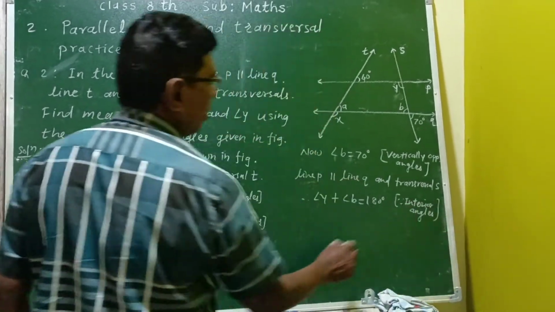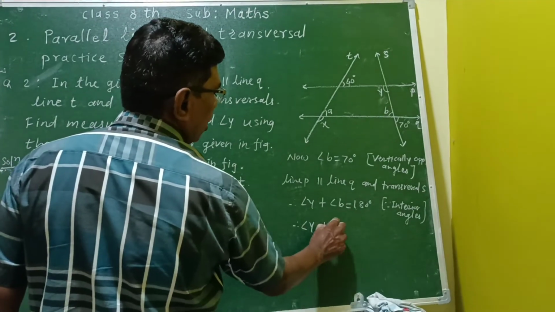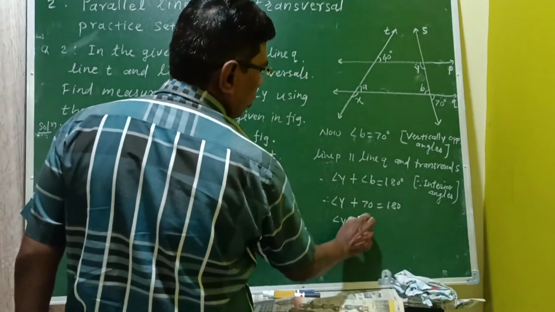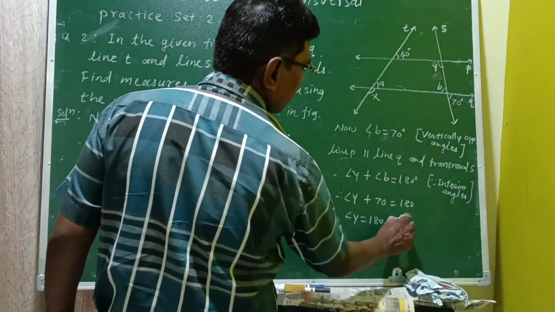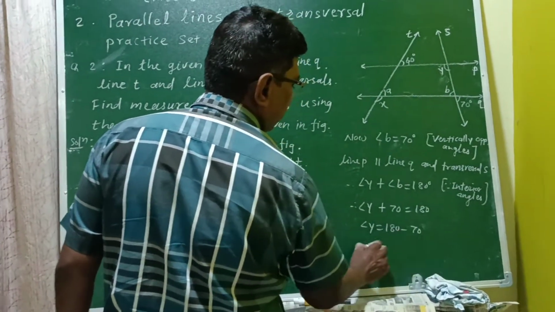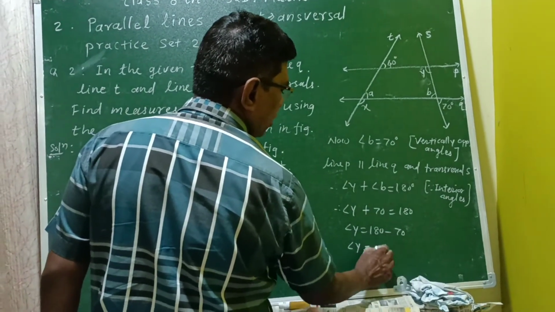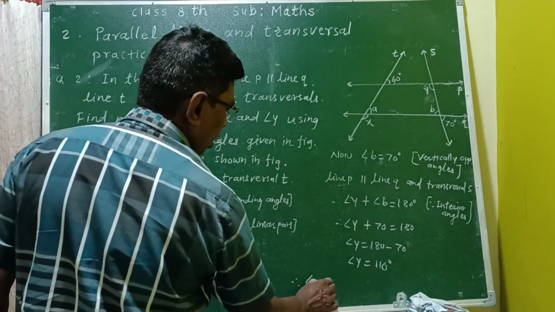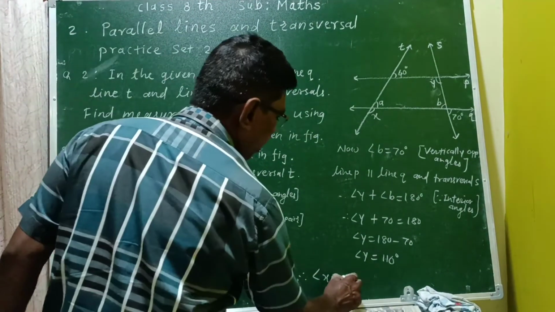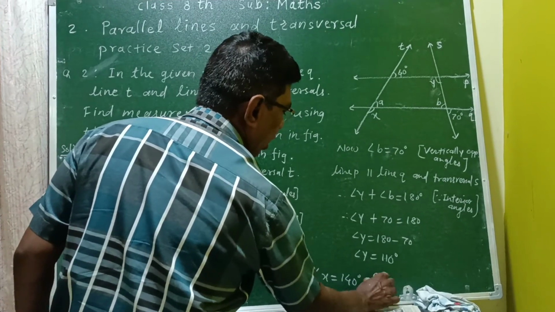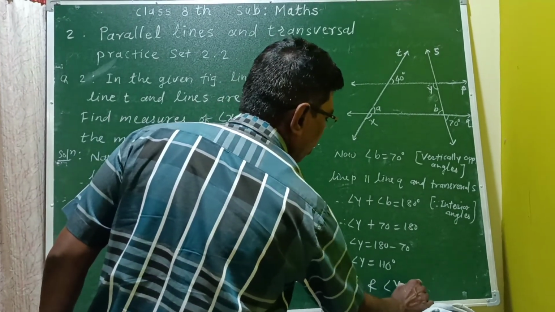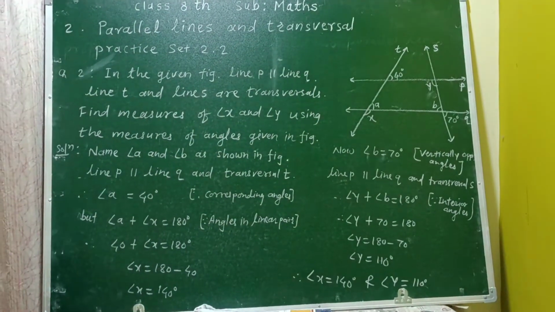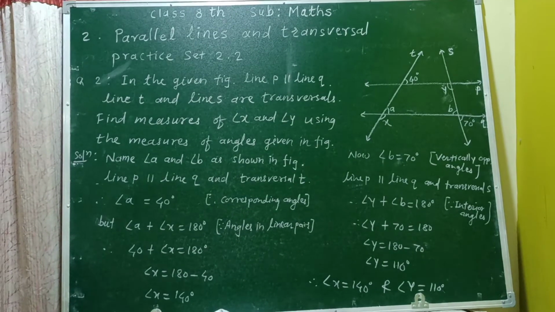Therefore, angle Y plus 70 degrees is equal to 180. Y is equal to 180 minus 70, which is 110 degrees. Therefore, angle X is equal to 140 degrees and angle Y is equal to 110 degrees. In this way, we find the measures of angles X and Y.